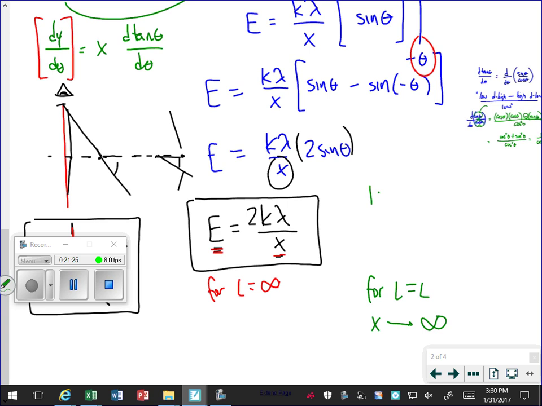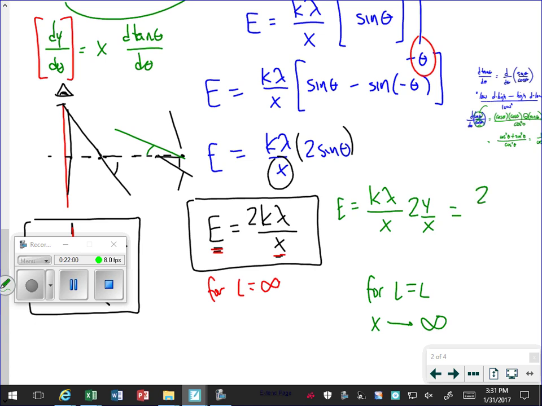K lambda over X is getting really big, well, here's a 2. Now sine theta: if X gets really big, this angle gets really small. Ooh, small angle. The small angle approximation means that the sine of the angle and the tangent of the angle are pretty much the same thing. So sine theta is the same as tan theta, right? So here's E. Well, check this out.